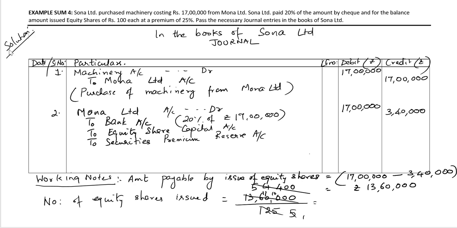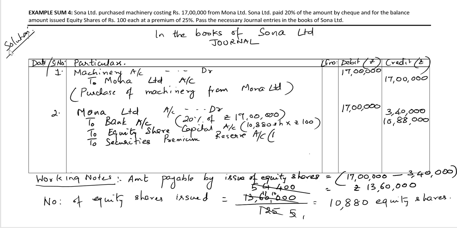Dividing by 5 again. So we have 10,880 equity shares that are issued. Against equity share capital account, I will write 10,880 shares multiplied by rupees 100 per share, comes up to 10,88,000 rupees.